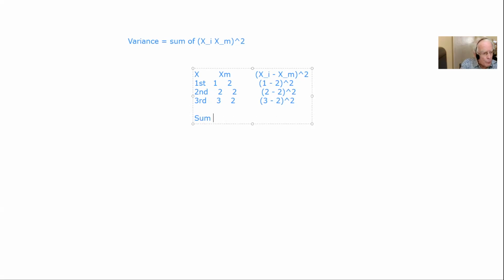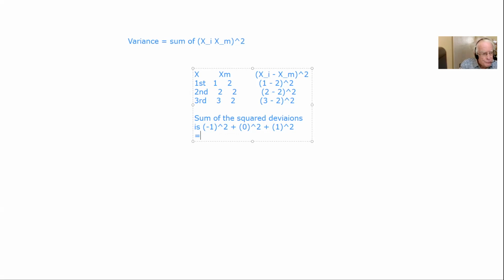So the sum of the square deviations in this case is, from the first observation, minus 1 squared, plus 0, also squared, and 1 squared, for a total of 2.